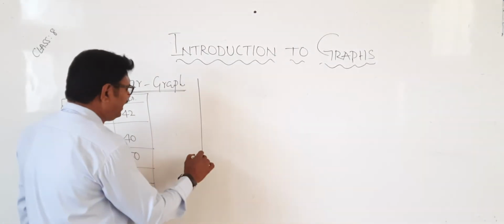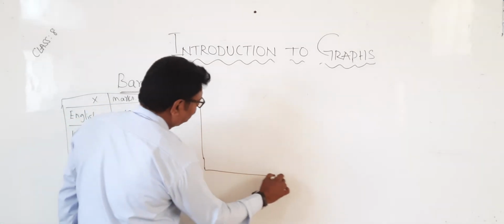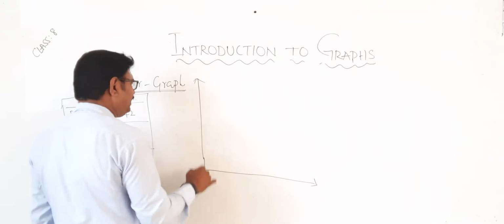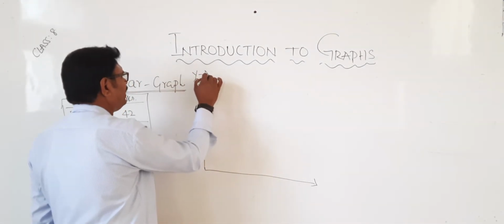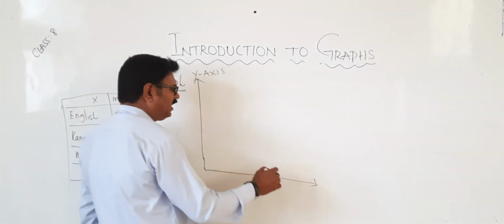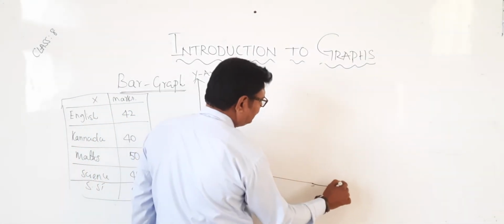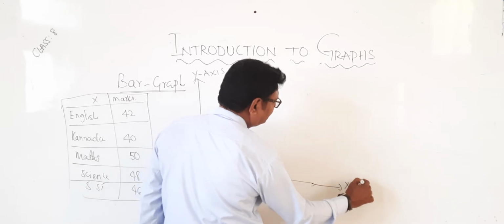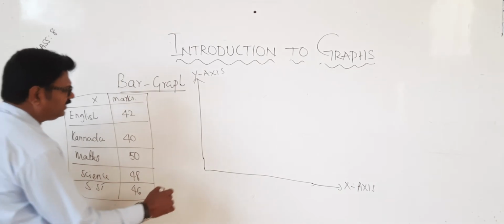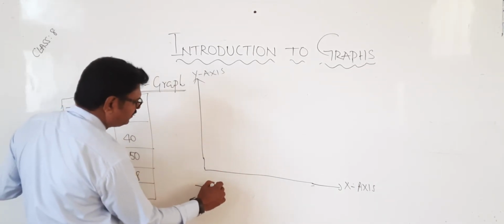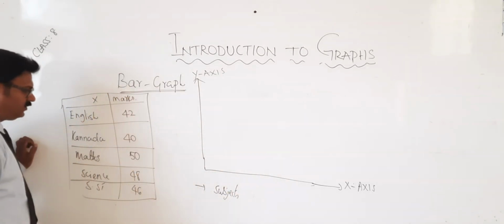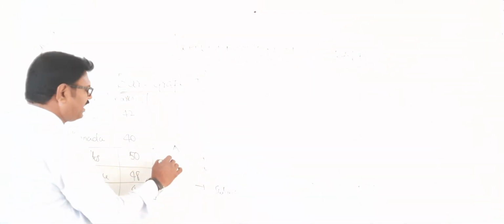Now we will draw a graph. How? Like this. Graph means, this vertical line is known as the y-axis, and this horizontal line is known as the x-axis. Along the x-axis, subjects; along the y-axis, marks.